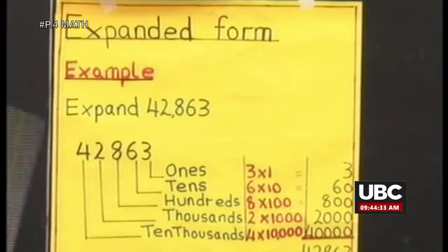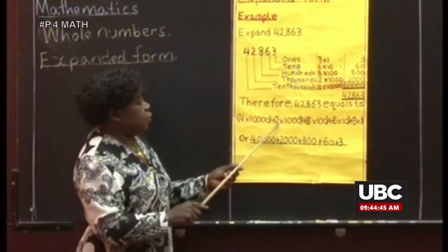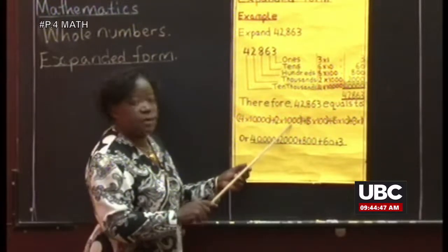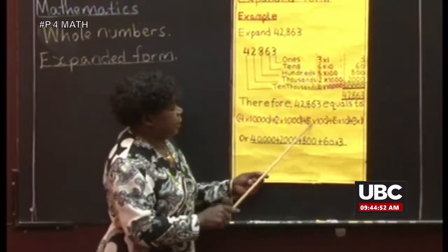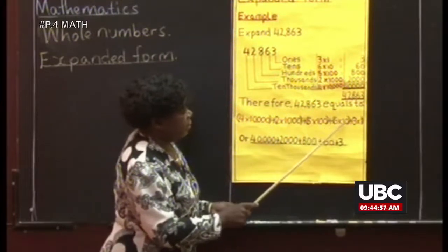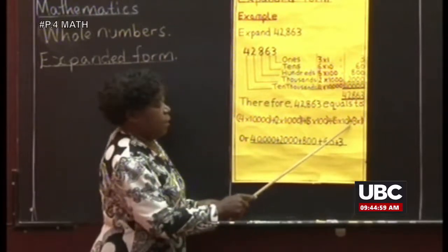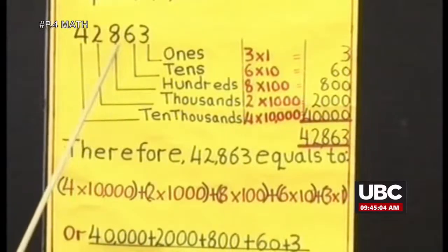So it equals 4 times 10,000, plus 2 times 1,000, plus 8 times 100, plus 6 times 10, plus 3 times 1. We have written this number in a larger form.